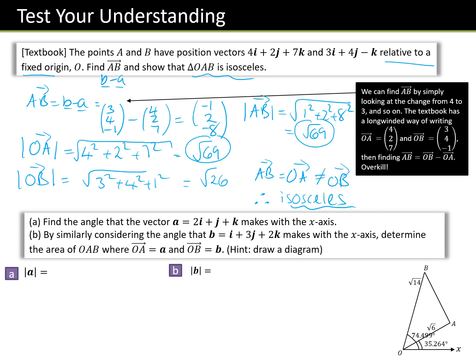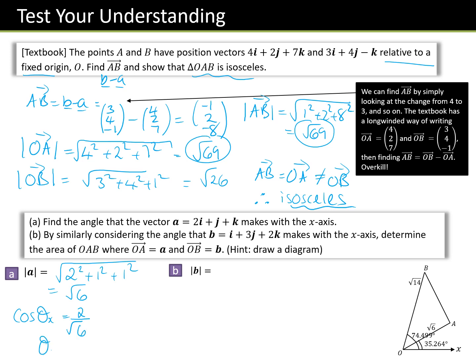Okay, next question. Find the angle that vector A makes with the x-axis. So first of all, we need to find the magnitude, the length of the line. So it's Pythagoras' theorem again, 2 squared plus 1 squared plus 1 squared. So that's going to be 4, 5, 6, square root of 6. Then cos of theta x is going to be 2 over root 6.